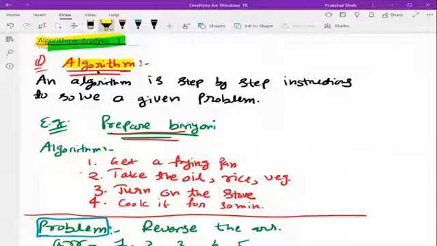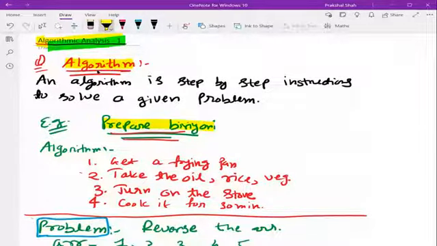What is an algorithm? An algorithm is a step by step set of instructions to solve a given problem. Basically, to solve any problem, you have a set of instructions, and if you follow them, there is a sure guarantee that you will reach the solution. We took the example of preparing a biryani.